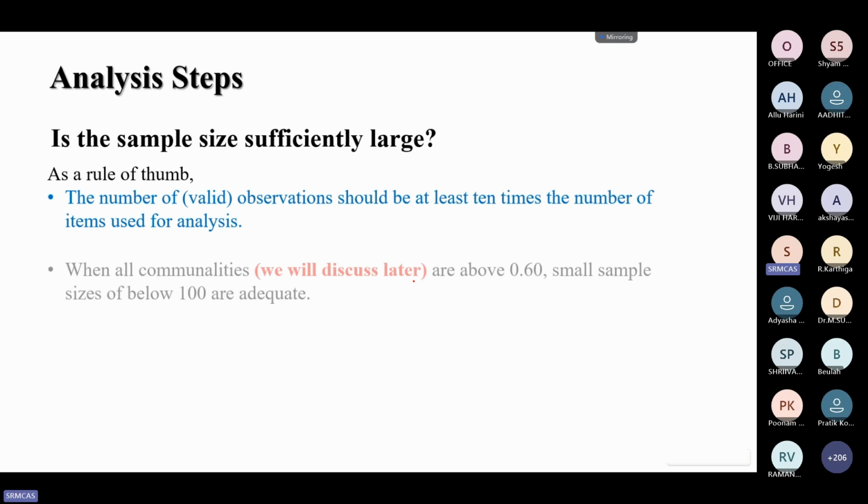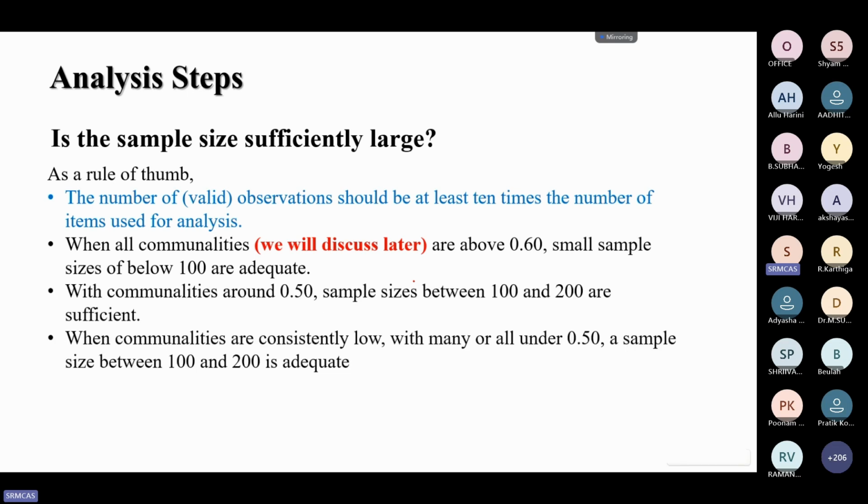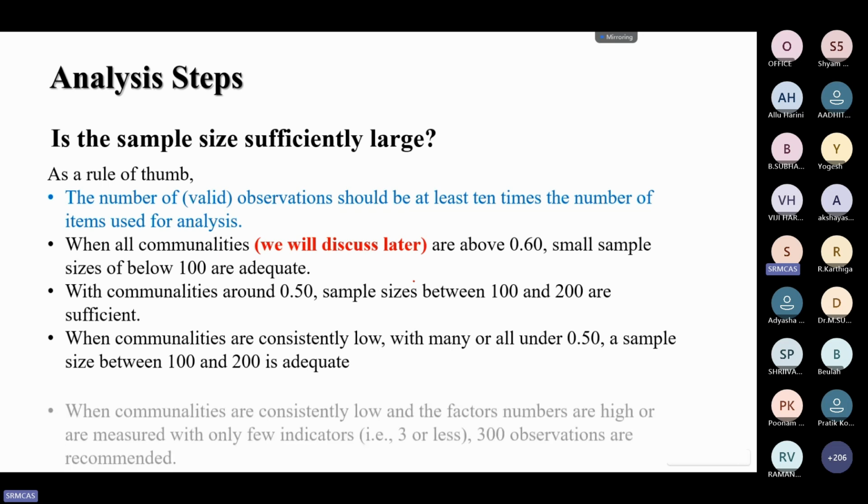Other techniques are there too, by comparing the communalities values; we will discuss what communality is in later slides. There are different categories based on the communalities, and based on this we can choose different kinds of samples and say whether a particular sample set can be used for factor analysis.